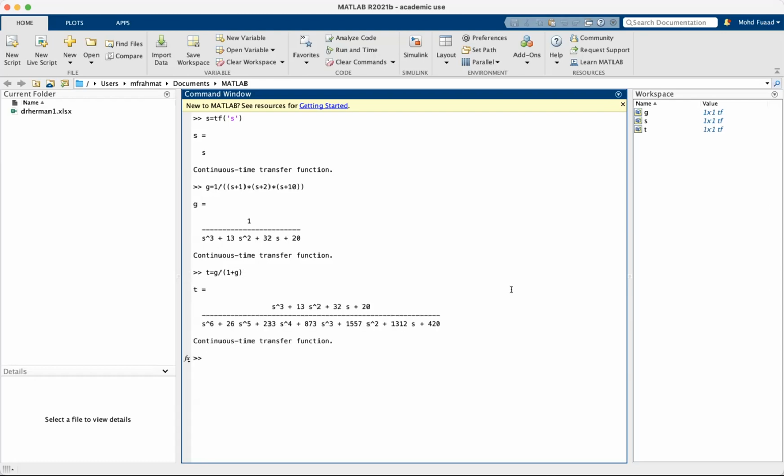And then you use the function step, of the closed loop transfer function T. Do not find the step of G, because for time response, as I told you 2 days ago, it must be based on the closed loop transfer function. Understand?